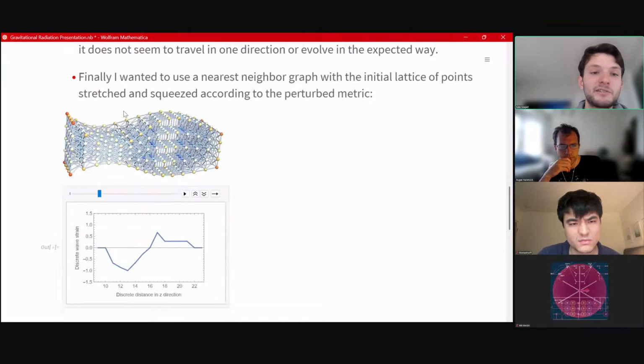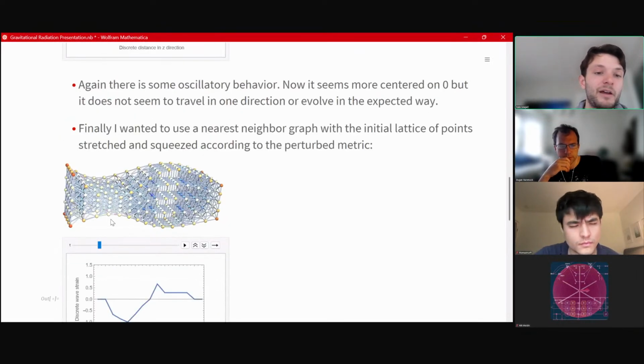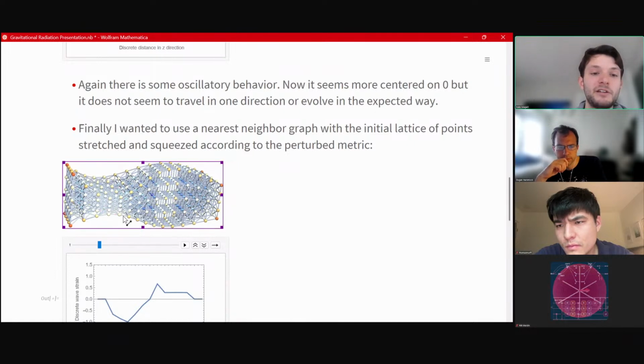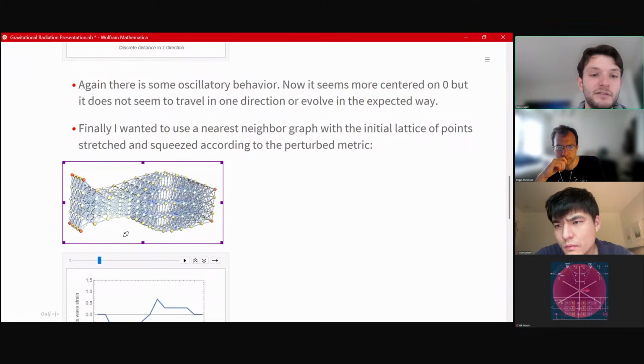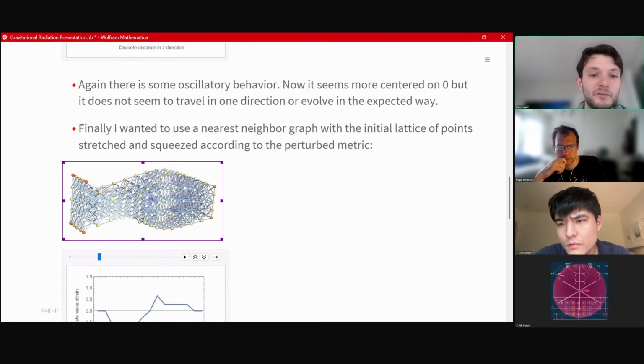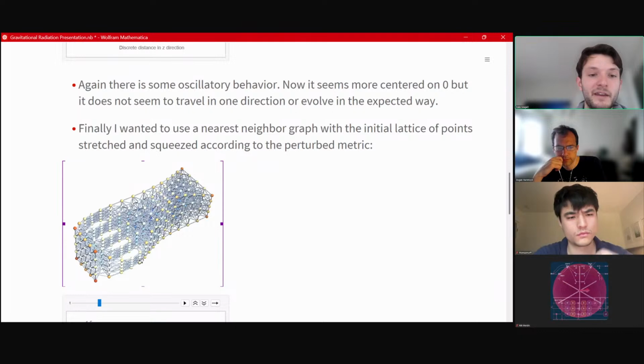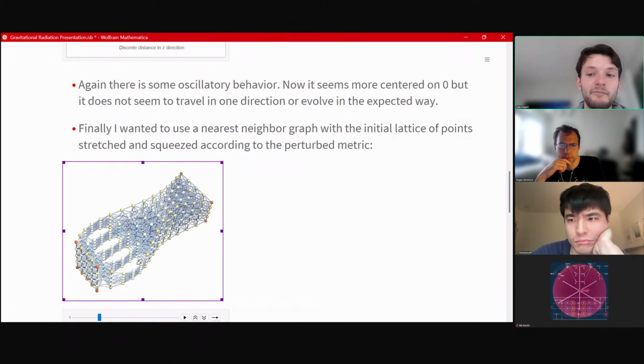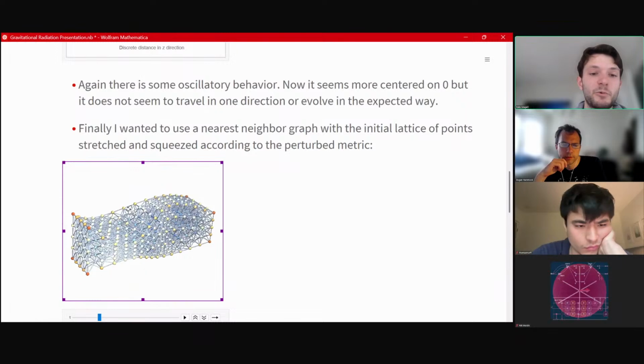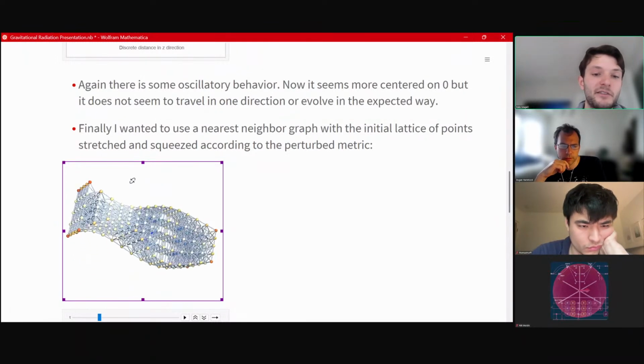And then I wanted to do a similar kind of thing, but here, instead of using evenly spaced points, I spaced them closer together according to the metric, or farther apart if they were in a region that was stretched out. So we can see, if we rotate this a little bit, that it has a structure where it's stretched in one direction and squeezed in the other.